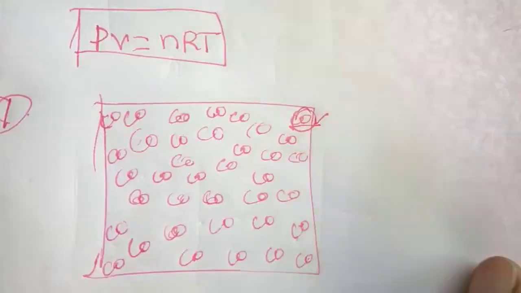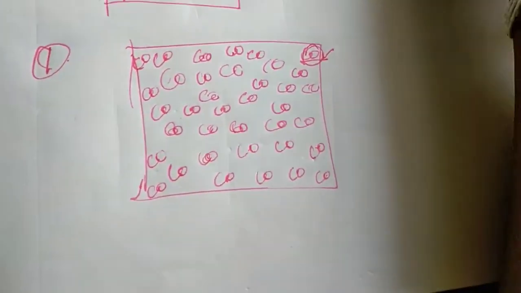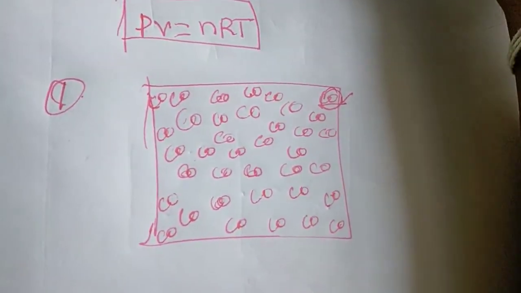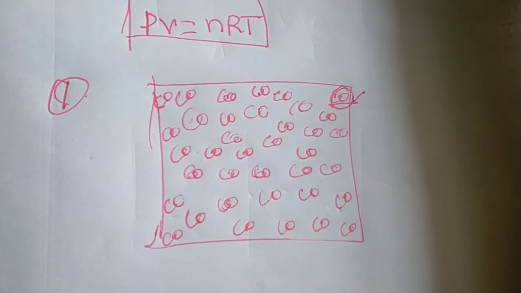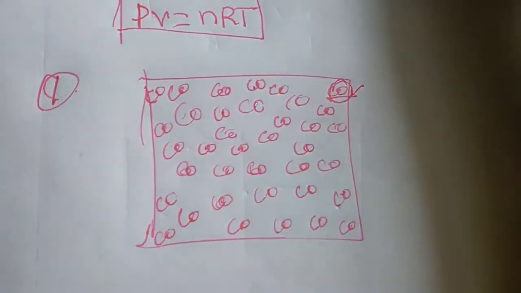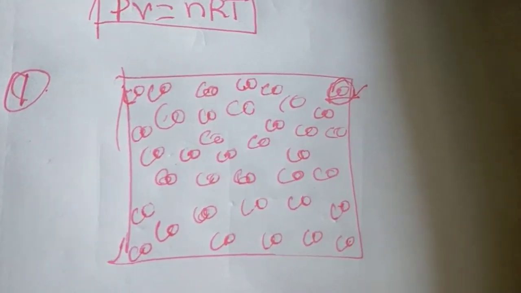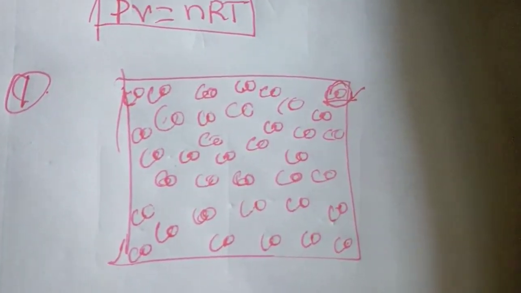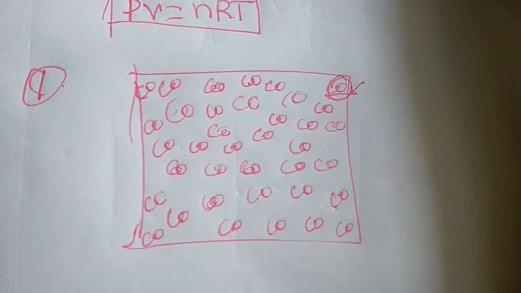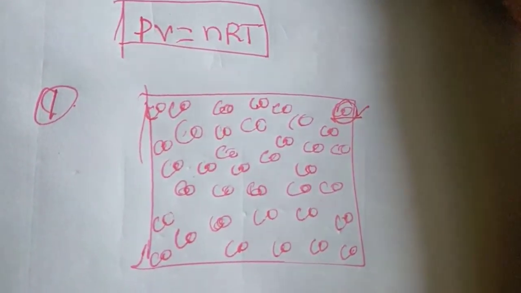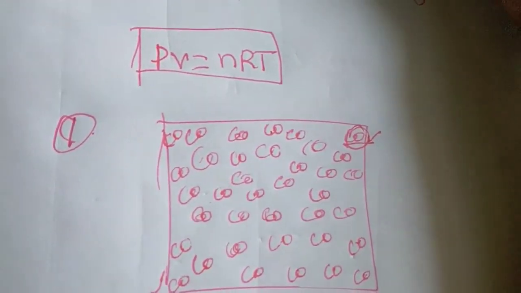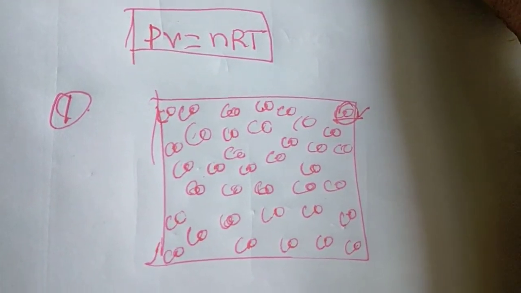So this is the second condition for ideal gas behavior. So what are the conditions? First, the volume occupied by a single molecule out of the whole volume is negligible. And second, the gas particles have no attractive force.